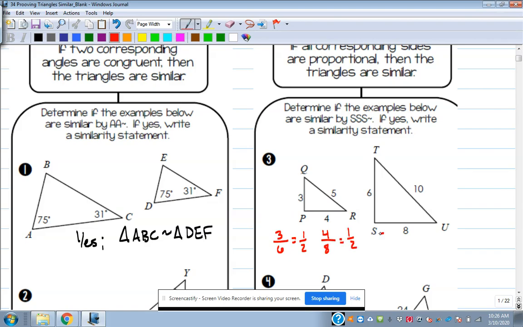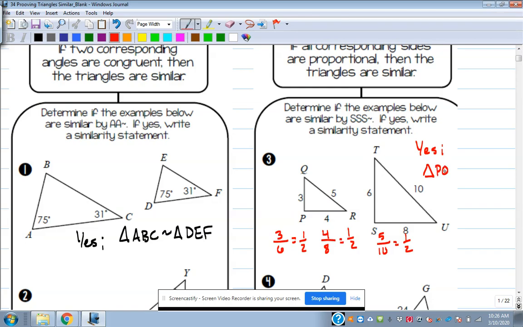And the other side pair is 5/10, which is 1/2. All of those corresponding sides there have the same ratio. They're proportional. So that means that these 2 triangles are similar by side, side, side.